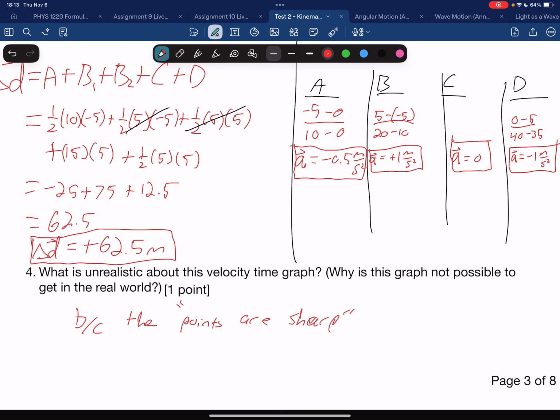So, cannot instantly accelerate / decelerate.